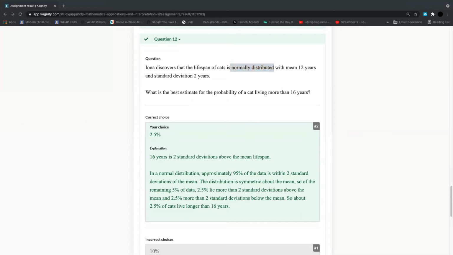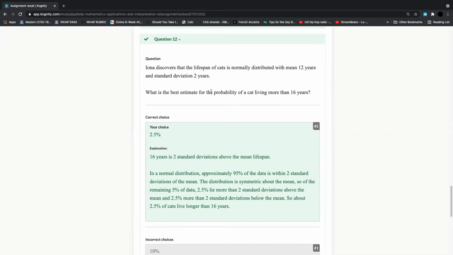So that's the first thing. And then we know that with normal distribution, we will be looking at the mean and standard deviation. So I would also note those 2 points down. So I would write that the mean is 12, while the standard deviation is 2. So we have to look at the probability of more than the value of 16.